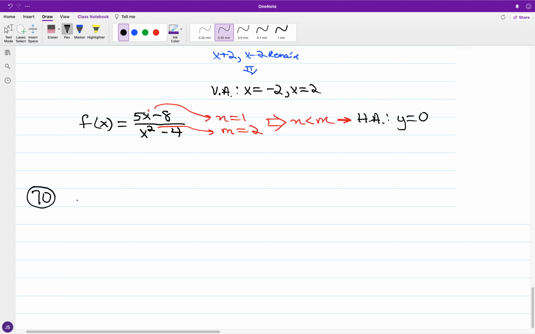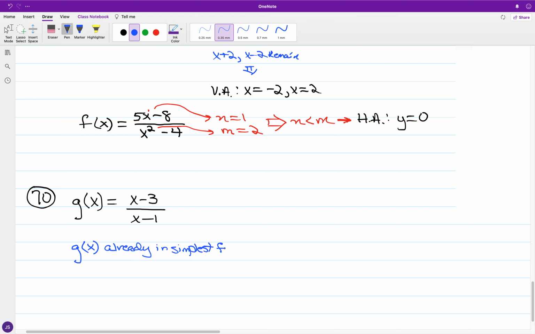In this case, you have a function g of x equal to (x minus 3) over (x minus 1). Now, g of x is already in simplest form, so the exclusion from the domain will define the vertical asymptote.